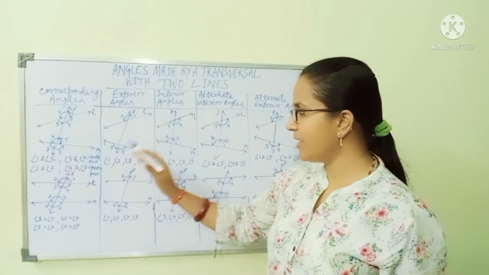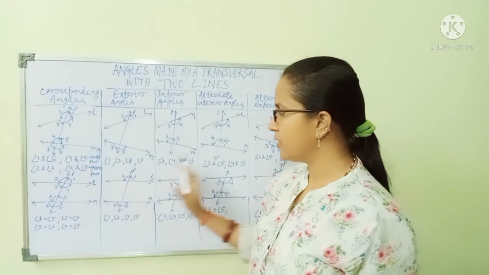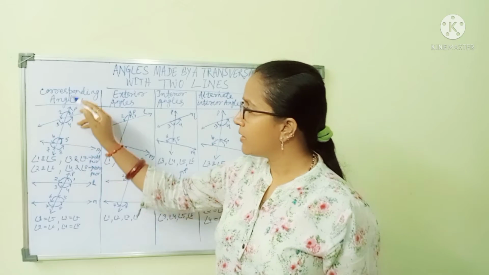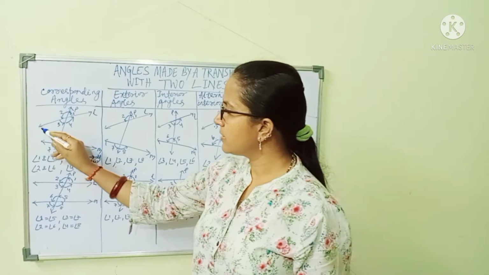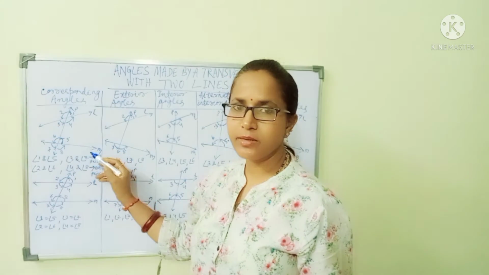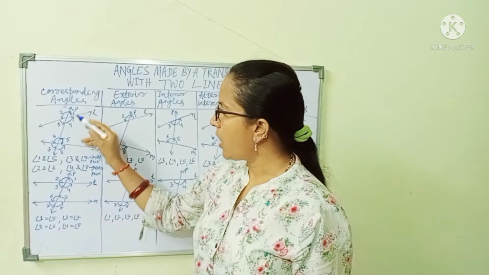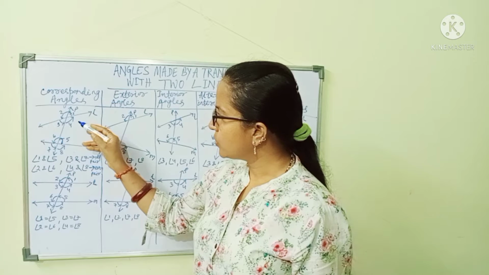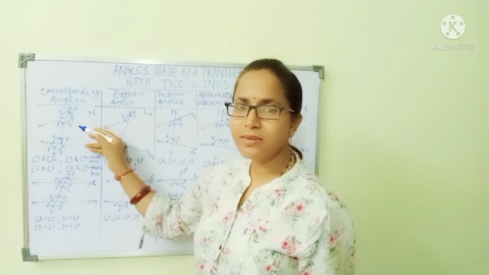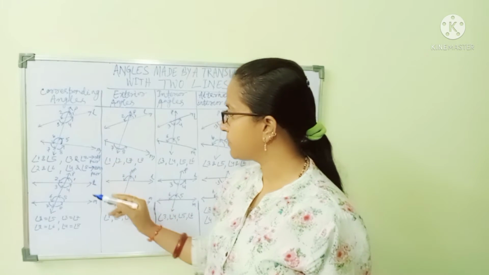So we will analyze them on one page. For the corresponding angles, I take L and M as any two lines, which are not parallel lines. I will show all the angles with parallel lines and with non-parallel lines.